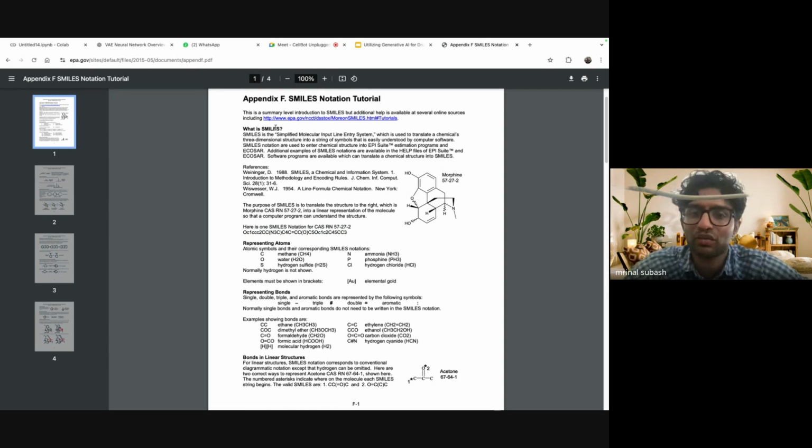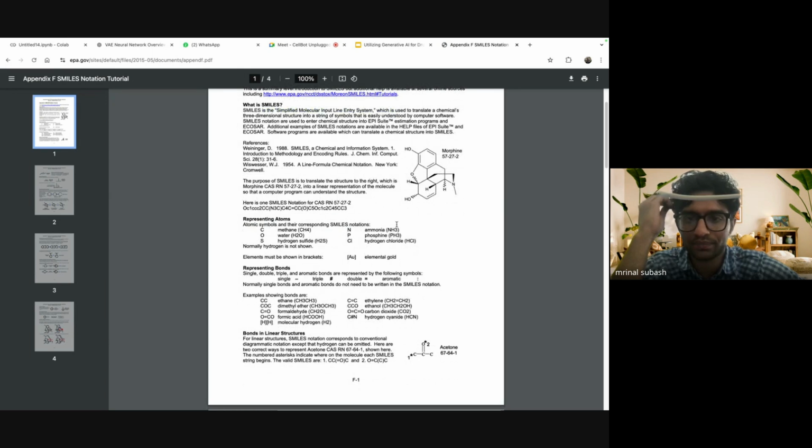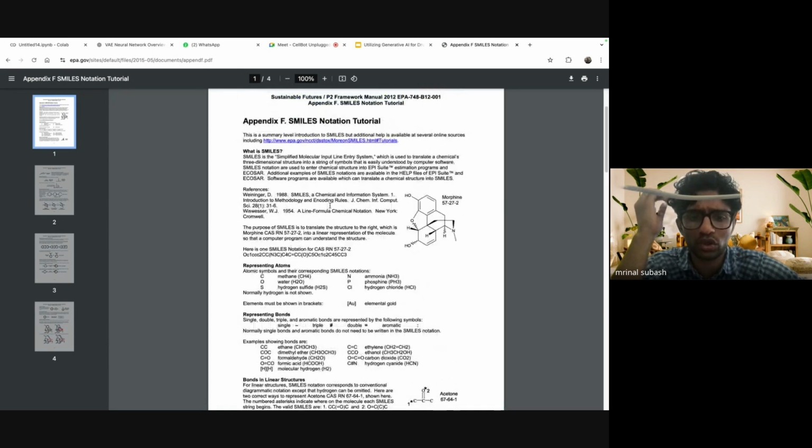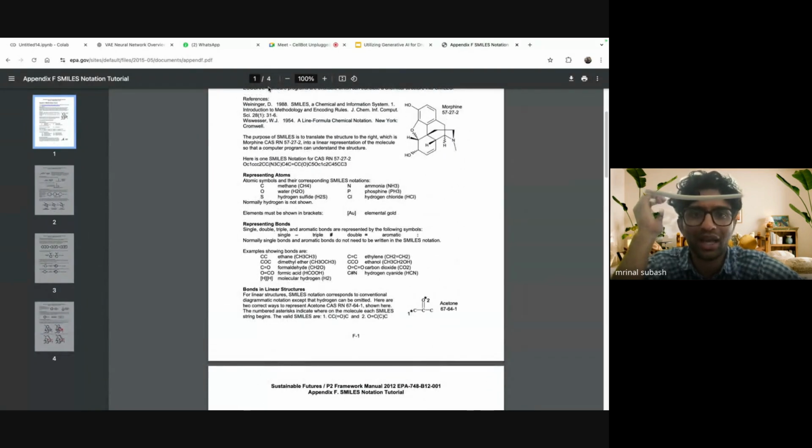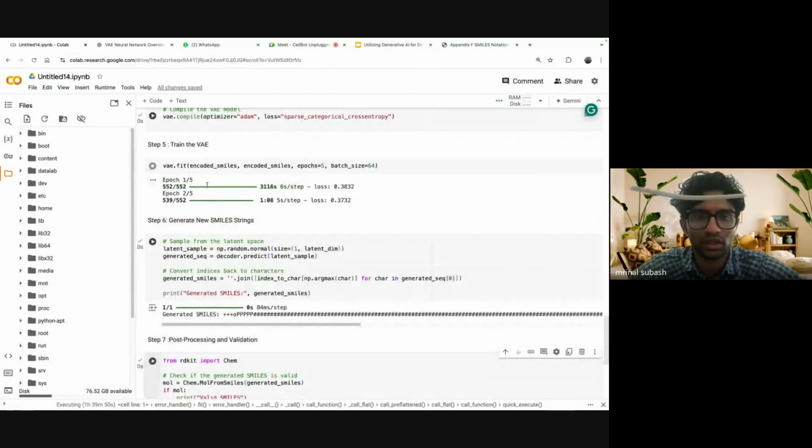It abbreviates Simplified Molecular Input Line Entry System. This translates a chemical three-dimensional structure into a string of symbols. So when you do that, you are passing this notation to your AI model. Through this code, I'll show you how we are actually doing that.